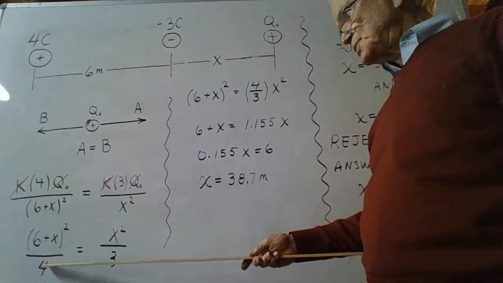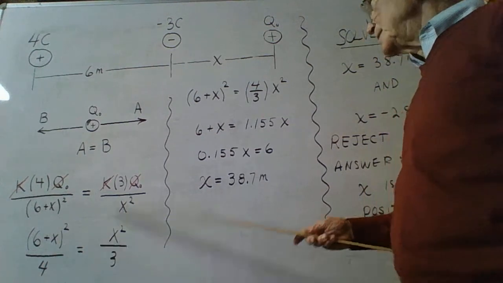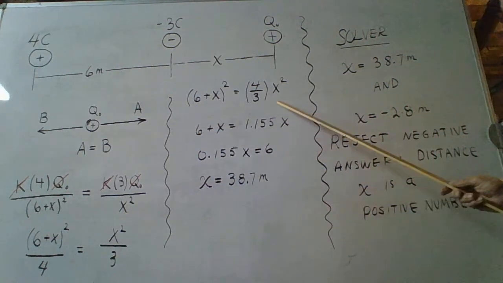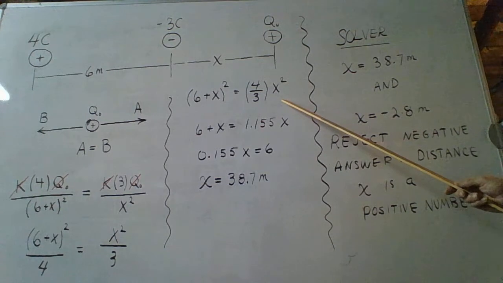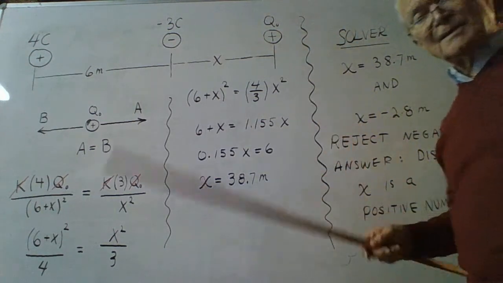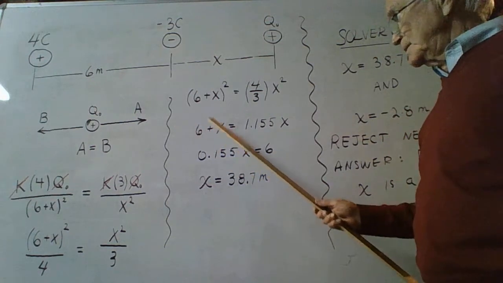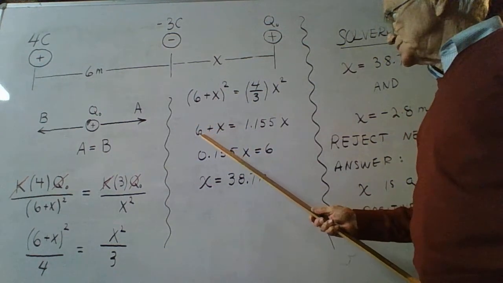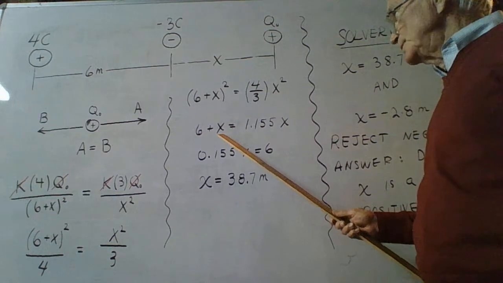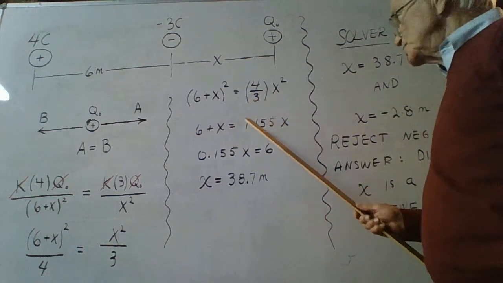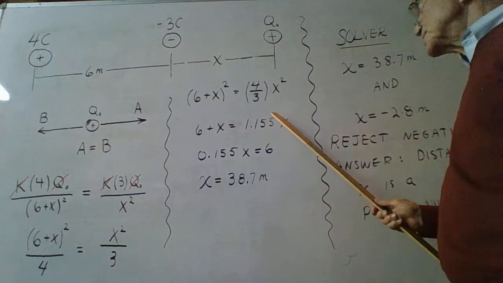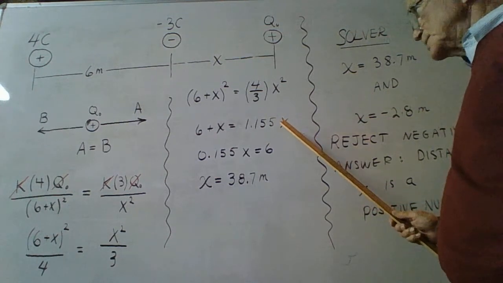The 4 disappears there, and it's multiplying there, and there is the equation we have. Now, what I'll do next is take the square root of both sides of this equation, remove the squaring sign there to give me 6 plus x all by itself. And 4/3 square rooted is 1.155, and the square root of x squared is, of course, x.